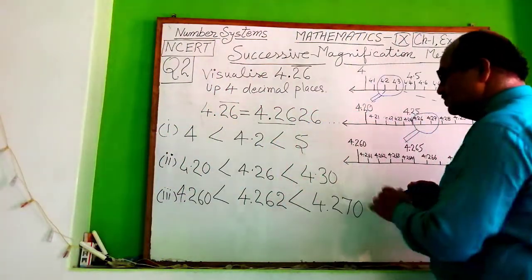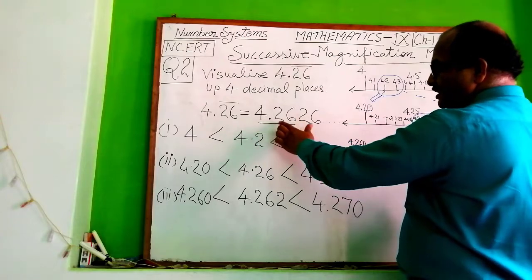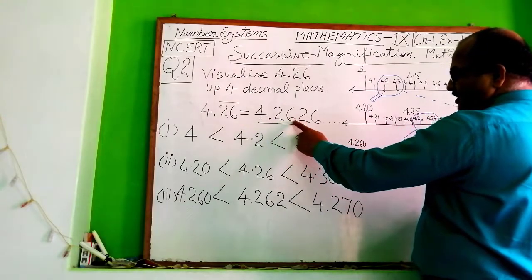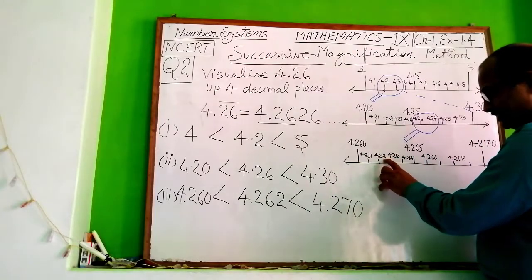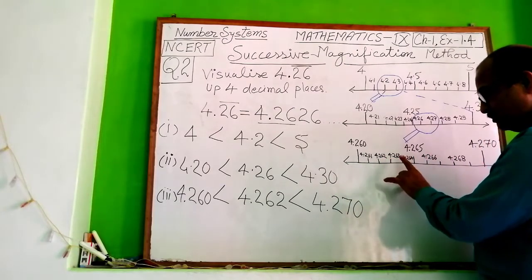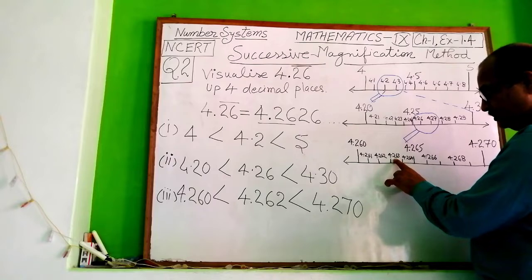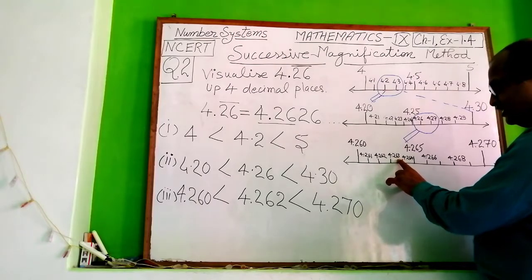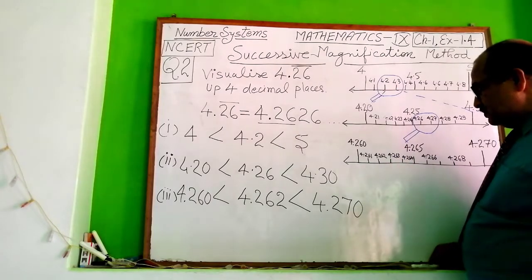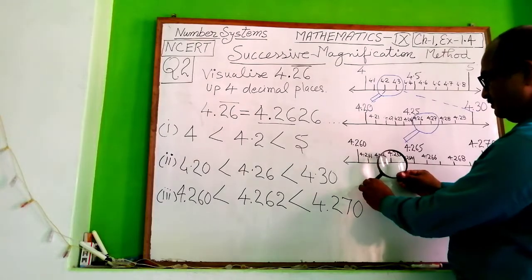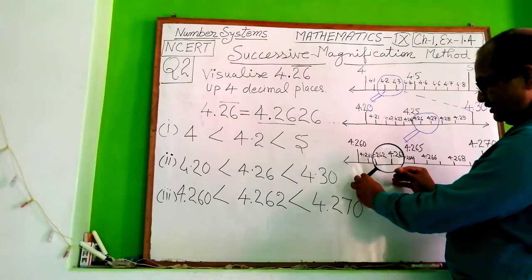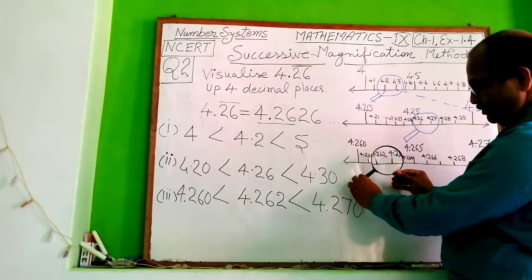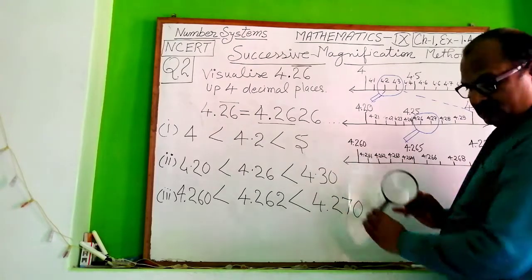At which position is the actual number? The actual number is 4.2626. So here 4.26 is here and the next number is 4.263. So we will use the magnifying glass between these two.